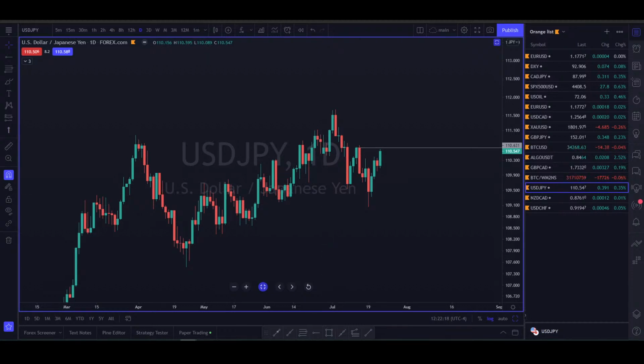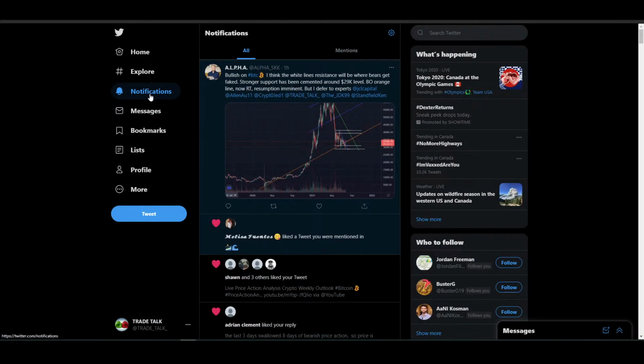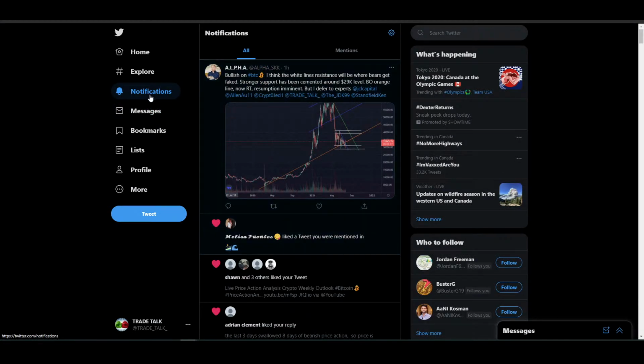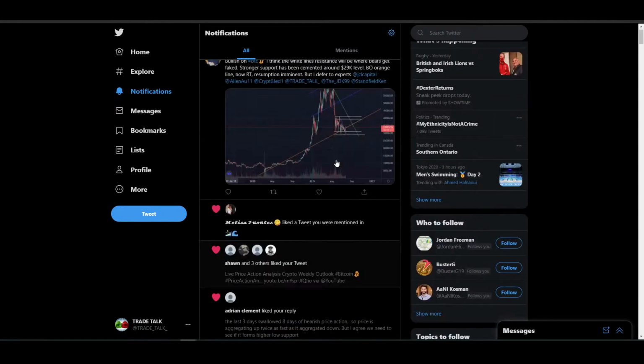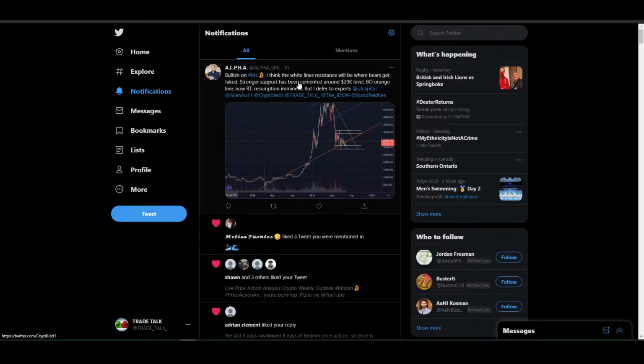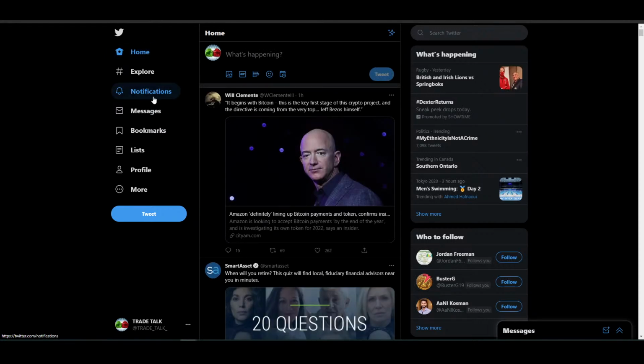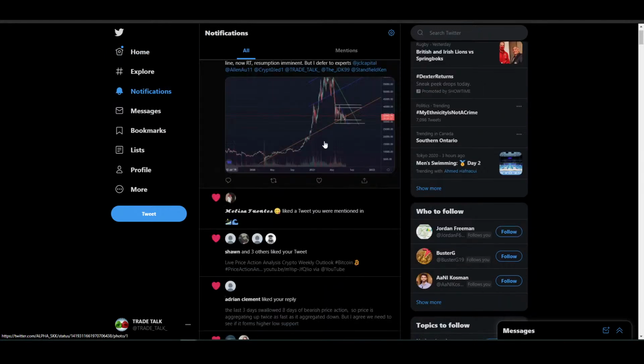How's that Wyckoff pattern playing out? We looked about a month ago on BTC just out of curiosity. Well, I don't know if I can find it. Let me see if I go into, what would that be? Notifications? I guess this is it.